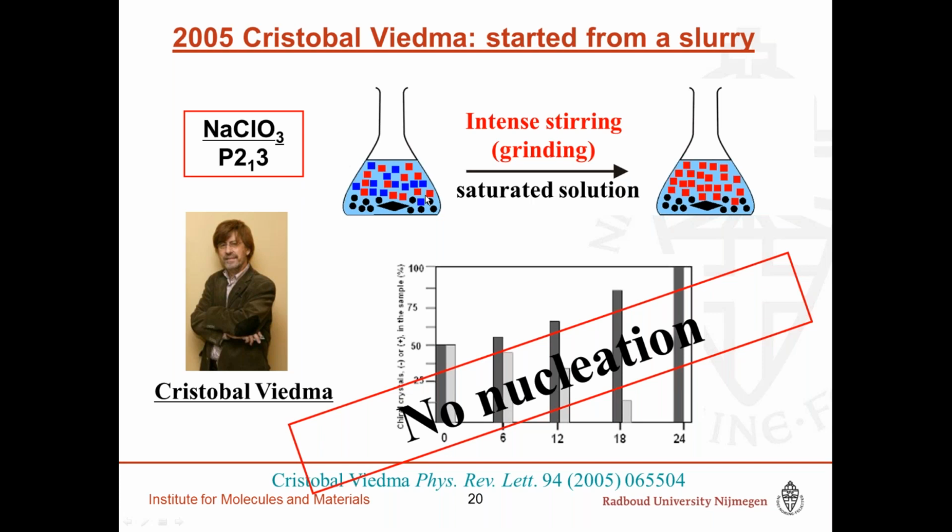Of course, if you grind the crystals, they become smaller and smaller, and then due to the Gibbs-Thomson effect, the solubility will increase a little bit, but during the process, you will have a very, very small supersaturation, no nucleation. And moreover, you have a 100% yield in the solids again. Because if you have no nucleation, you don't have to be afraid to nucleate the blue crystals, for instance, during this process where everything is transformed to the red crystals.